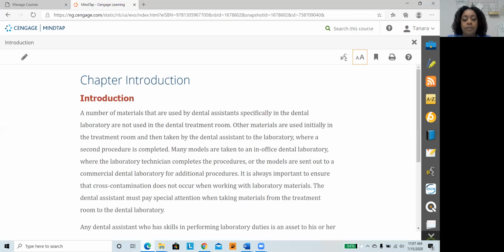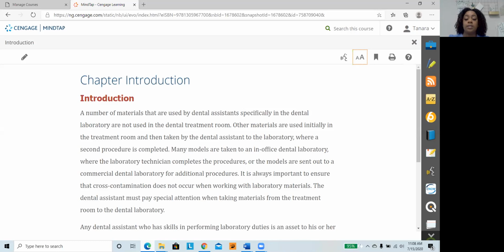It starts off by saying a number of materials that are used by dental assistants, specifically in the dental laboratory, are not used in dental treatment rooms. So what that means is you have materials that are specifically used in the lab and not in your treatment room where you actually perform your procedures on your patients. So there's a difference, okay?